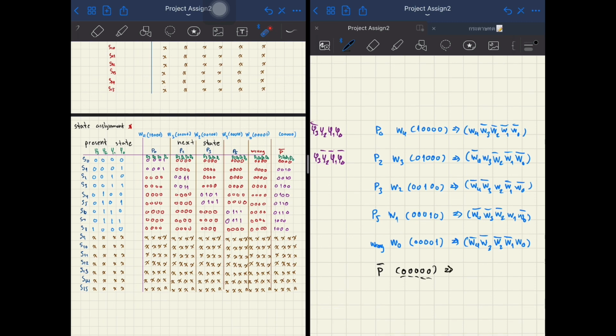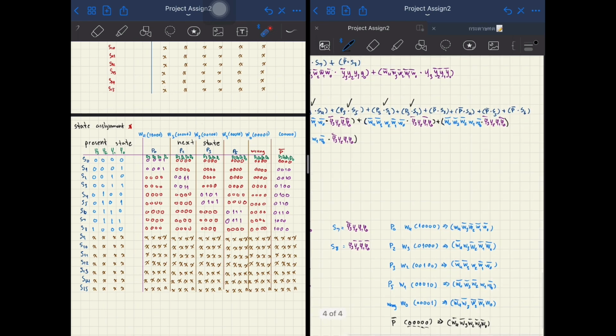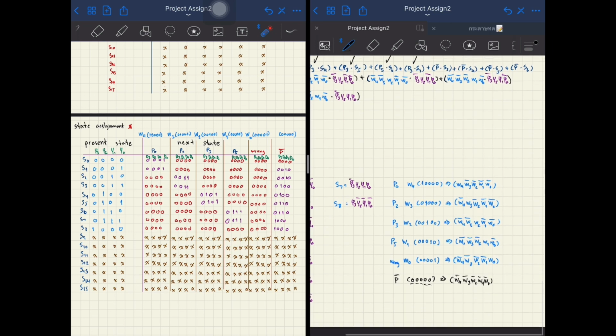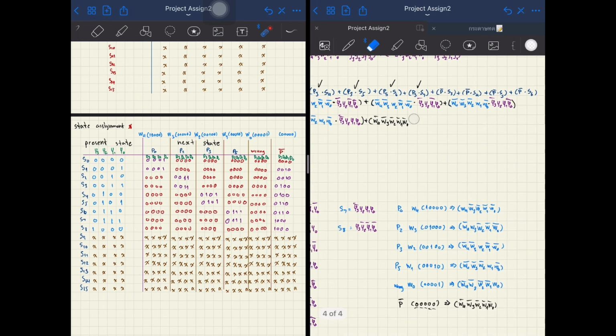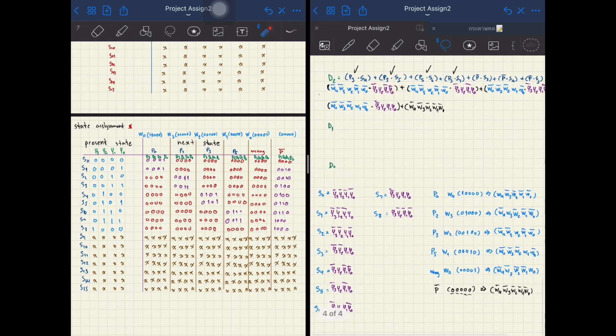So it is W4, W3, W2, W1, W0, and every one with complement. So we got P bar as this term, right? And with state 3, here we got it. Copy, paste. We do check mark.